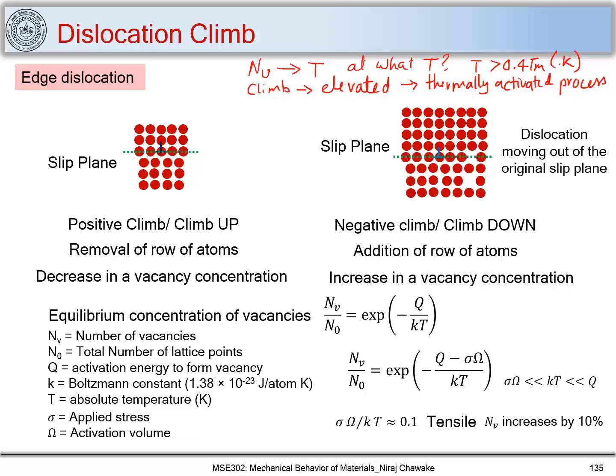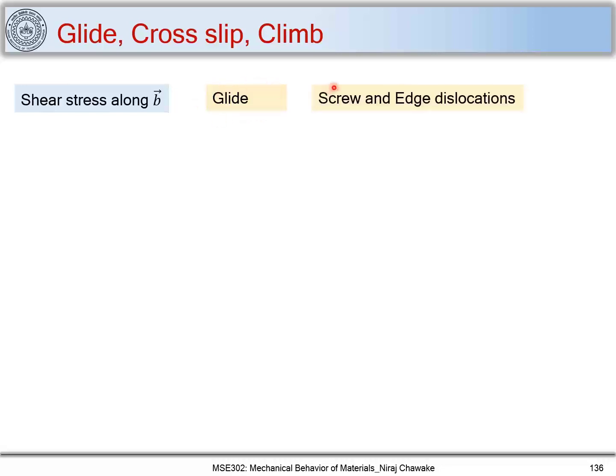Now let's move on. We have now seen three processes: glide, cross slip and climb. Let's compare typical observations from these three processes. Let's say we have shear stress along the Burgers vector. There can be glide, and dislocations like screw and edge dislocations can both glide when there is a shear stress along the Burgers vector.